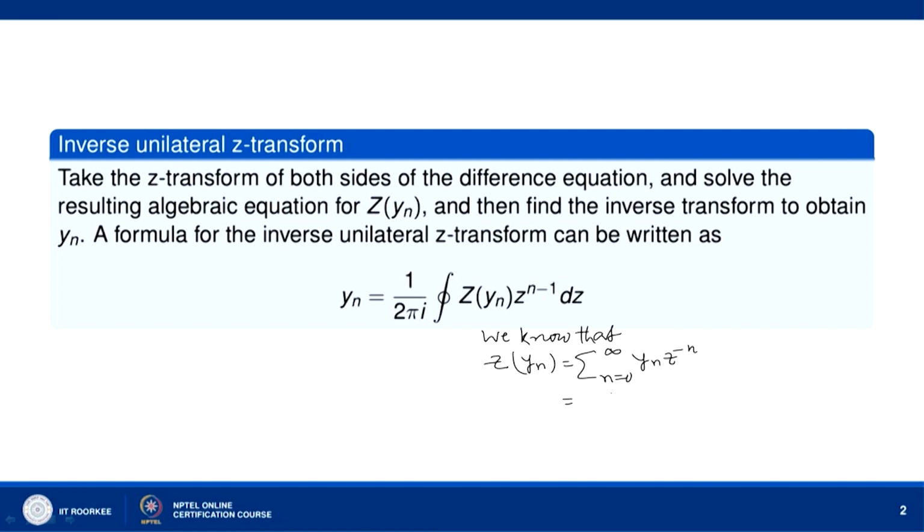So, this is equal to y naught plus y 1 Z to the power minus 1 plus y 2 Z to the power minus 2 and so on, y n Z to the power minus n and so on.